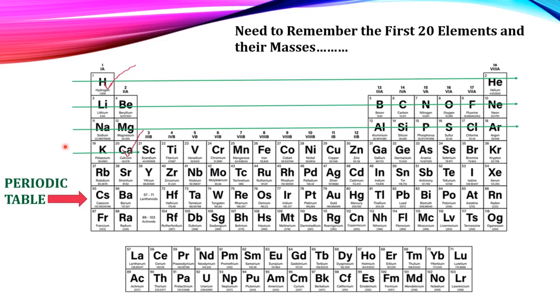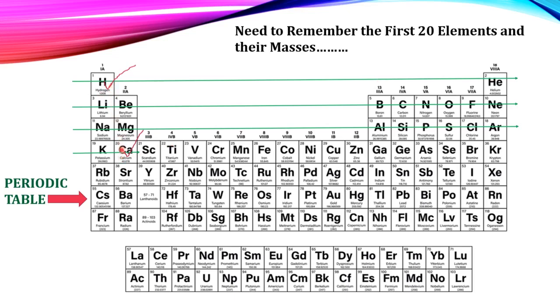I just want you to remember the first 20 elements with their masses. I didn't want to vaguely say that these are the first 20 elements. I wanted you to have an overview of what exactly those 20 elements are and where exactly they are coming from. These are the first 20 elements, from hydrogen to calcium.